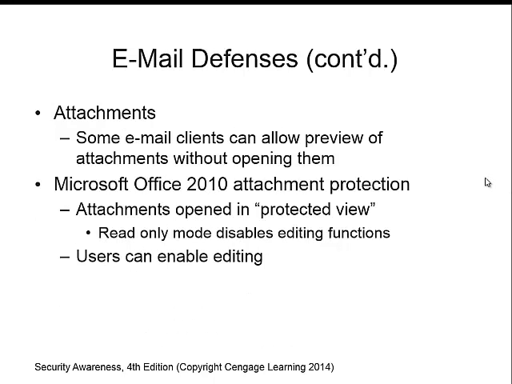Your attachments. Some email clients can allow preview of an attachment without opening them. With Microsoft Office 2010 attachment protections, the attachments open in protected view, which is read-only mode, and it disables editing functions, and then users can enable editing.